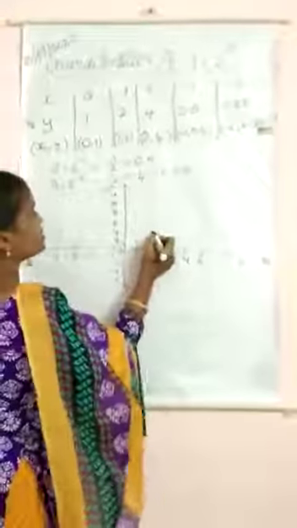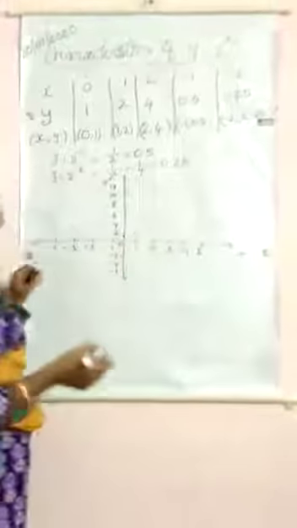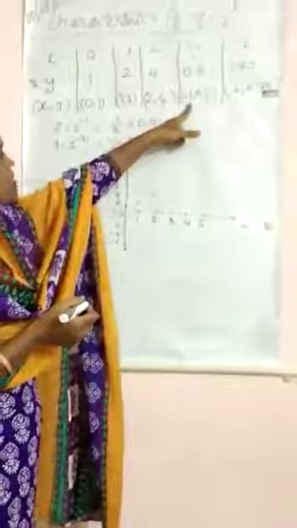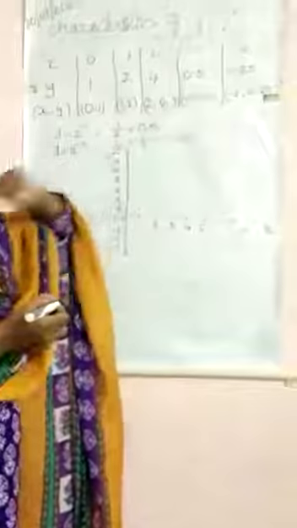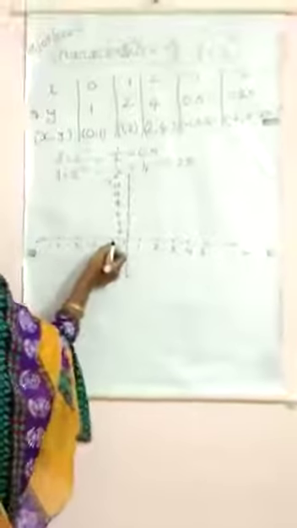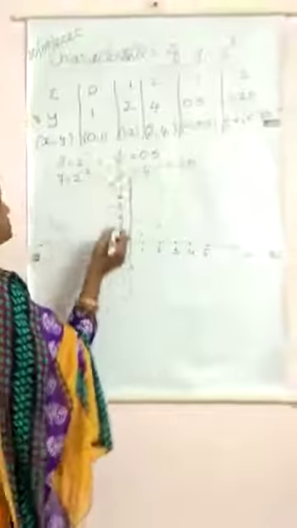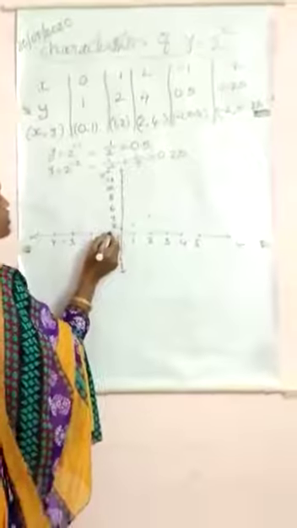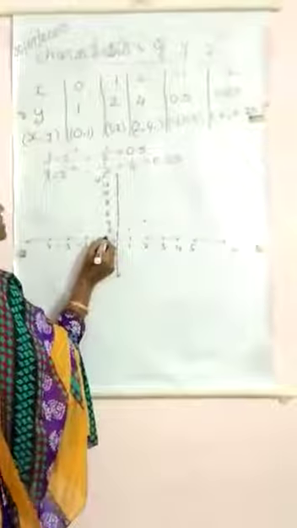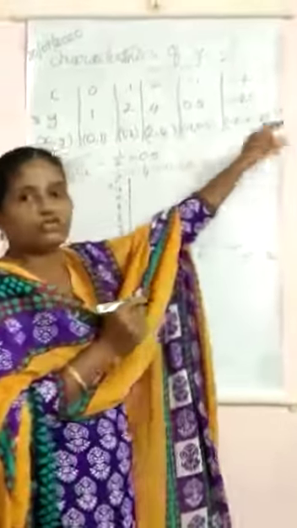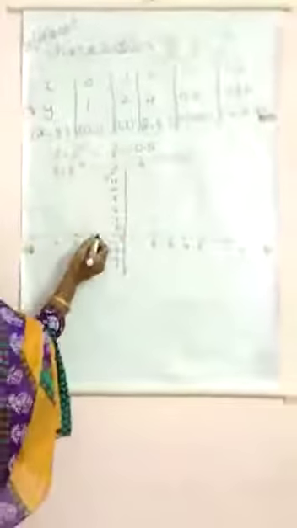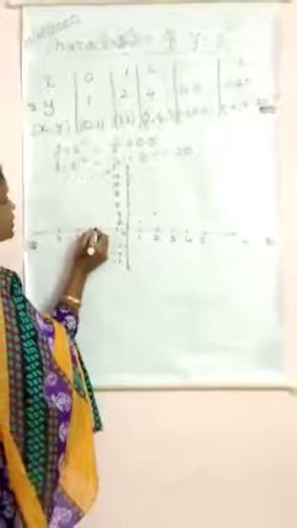Then minus 1, 0.5, and minus 2, 0.25. Here are the points.